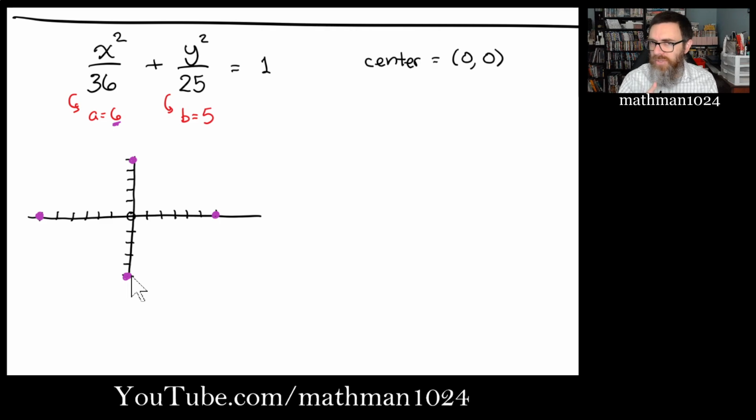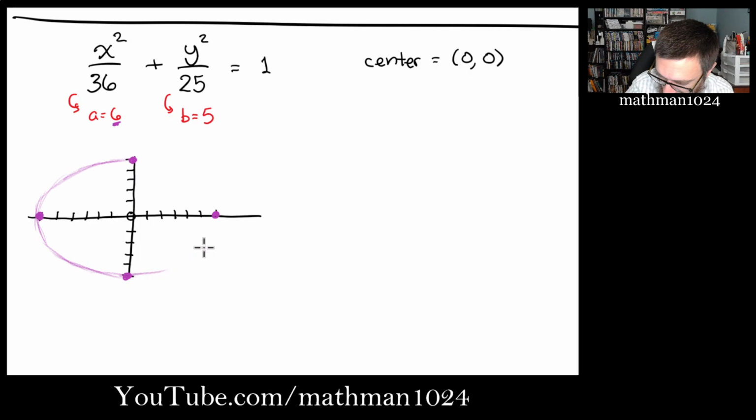But you do notice there is that symmetry. If I go 6 to the right, I go 6 to the left. I go 5 up, I go 5 down. And then from here, we should be able to draw a fairly reasonable ellipse. It should look something like this. Again, it helps if you have practice drawing circles and you're just going to stretch this out.